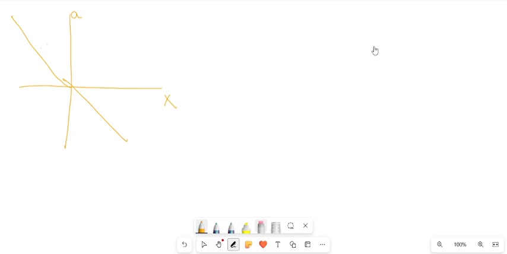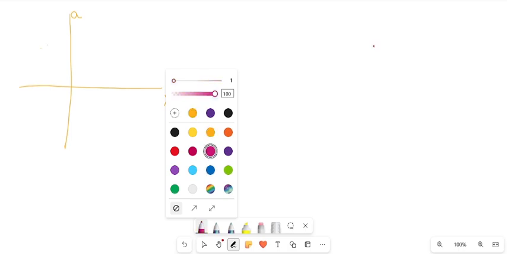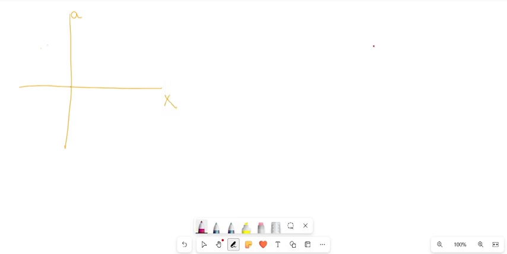Okay, let me just make it better. It will be a straight line through the origin, and in this direction, not in this direction. Why?